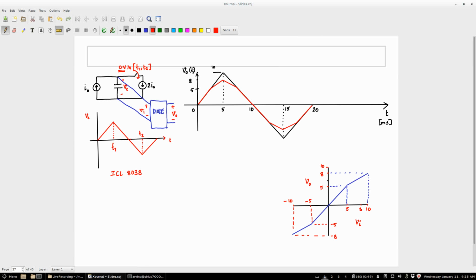Why? What is a current source? What is the voltage across a current source? Ideal current source, it can be anything, right? It will be set by the other things in the circuit. The valid connection. Okay, all right.